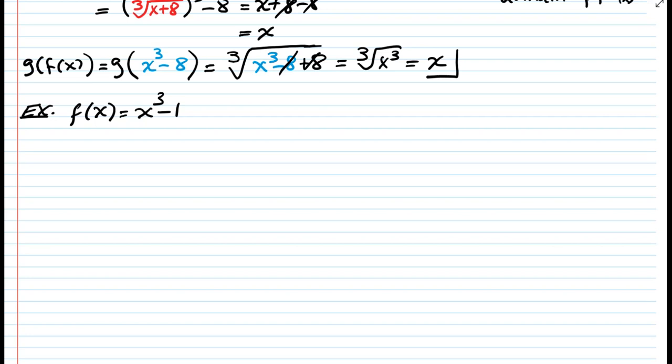Now for this function, let's find the domain of the function because it's polynomial, negative infinity to infinity. And let's do the range of the function. The range of the function is also negative infinity to infinity because it's a power function shifted down 1 unit. We'll graph this in just a moment.